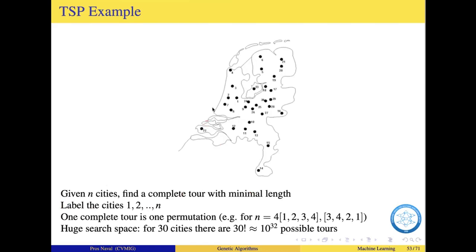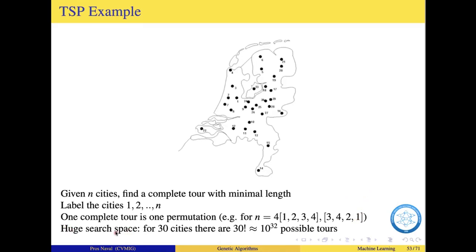You label the cities from 1 to n, and then one complete tour is one permutation. For n equals 4, for example, you get 1, 2, 3, 4, 4 to 1, and so on.